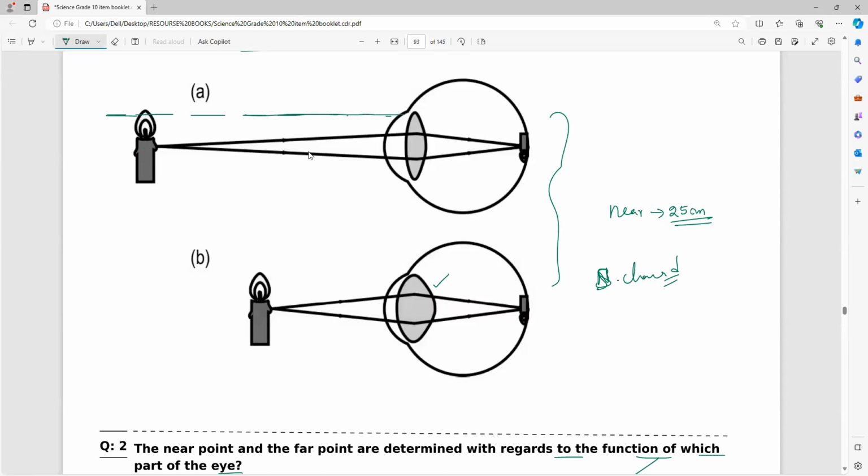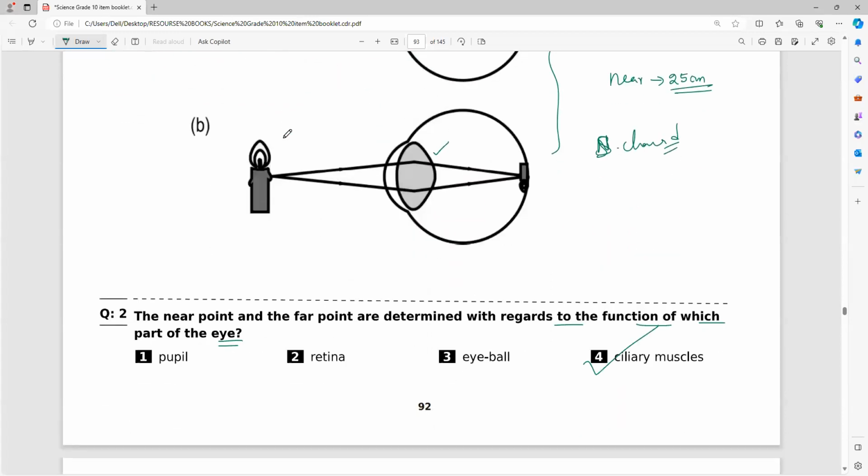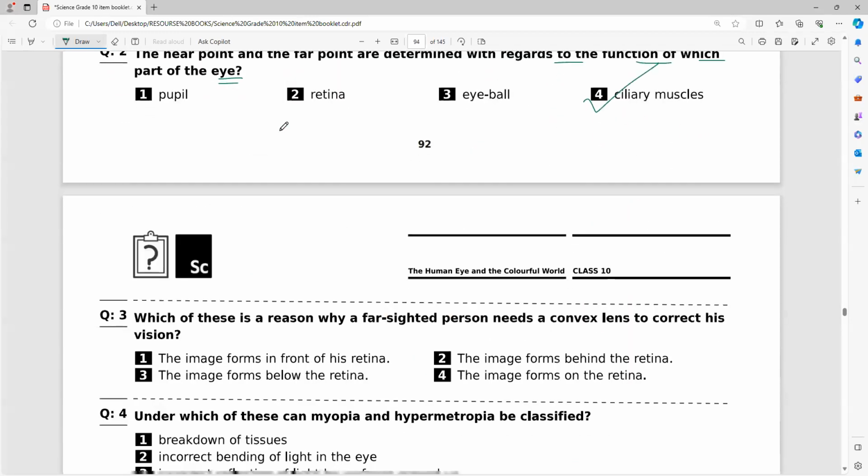Parallel lines. If it is infinity, the light must come in parallel lines. The diagrams will be there in the book. Learn that too, near vision and far vision, if you are having a normal eye.